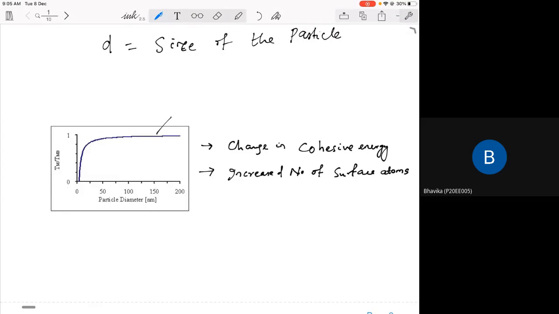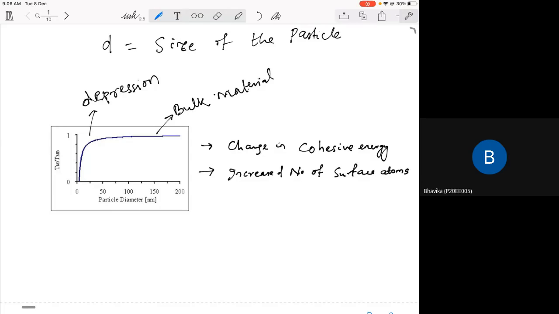So this here represents your bulk material, and then as you decrease the diameter of the particle, you see a big jump. It's sometimes called a temperature depression. For very small particles you see a huge, drastic change, almost 90% change in the temperature.